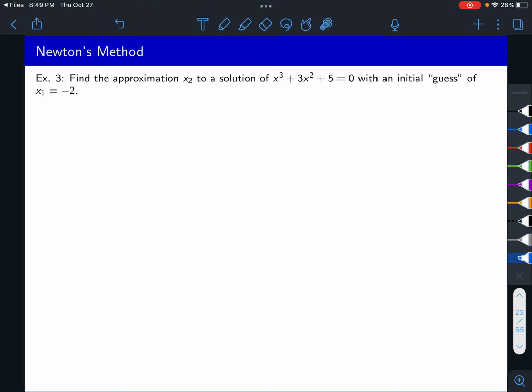All right. I'll let you try this one. So pause the video and try to find an approximation, just the x2 approximation to this equation with an initial guess of x1 equals -2. So pause the video and then come back to this.